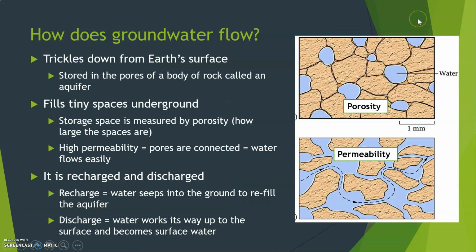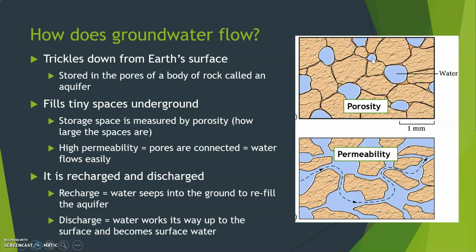So how does the groundwater flow? It's going to trickle down through the Earth's surface, and it's stored in a porous area known as an aquifer. Now, it fills tiny spaces underground, and basically those tiny spaces are storage space, and they're measured by what's known as porosity, and that's how big the size of the actual space is. So like this picture, the porous areas, obviously these are much more porous than this little tiny circle.